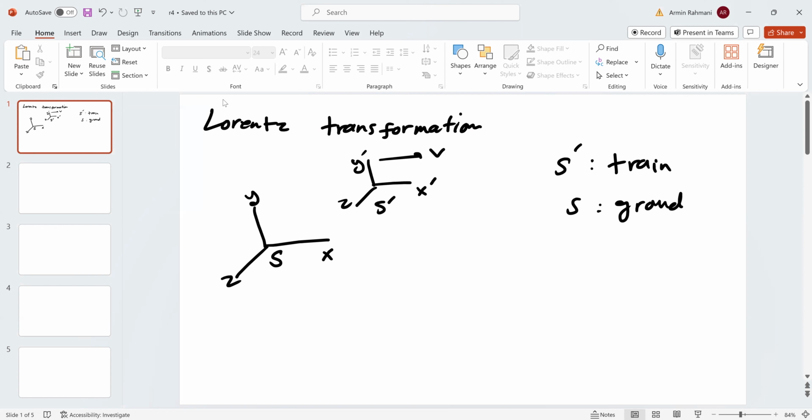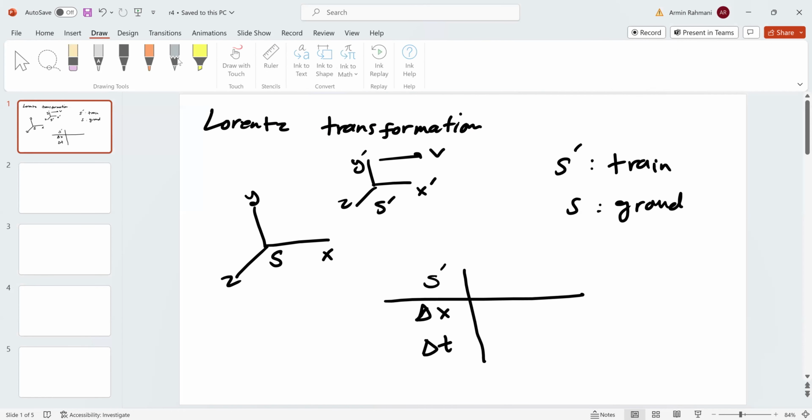And in particular, we're going to consider two events. So there's an event one that happens at some position and time, and then another event two. Maybe somebody claps their hands somewhere, or there's a paint bomb that explodes, or something like that. So then the difference between times and positions of these events can be written as delta x and delta t. So let's say in frame S, we have delta x and delta t.